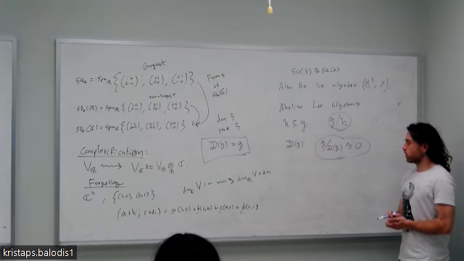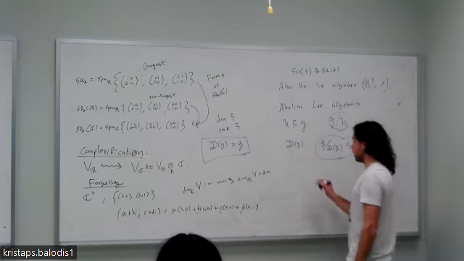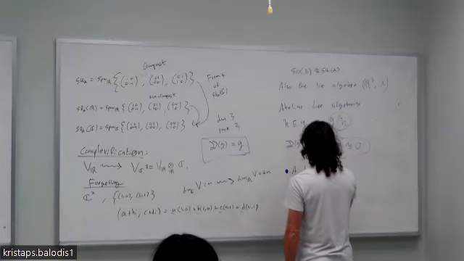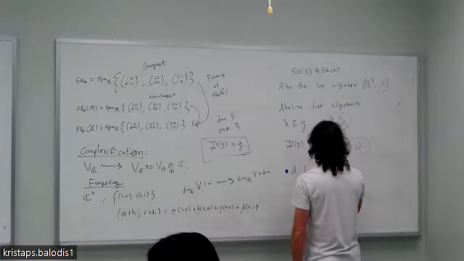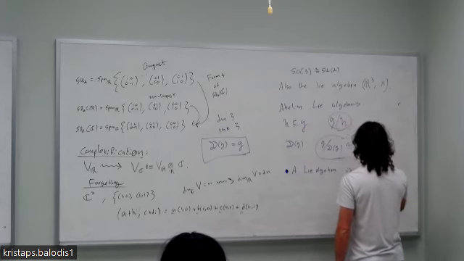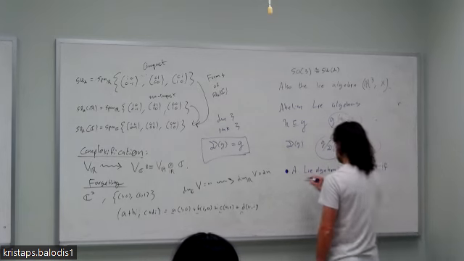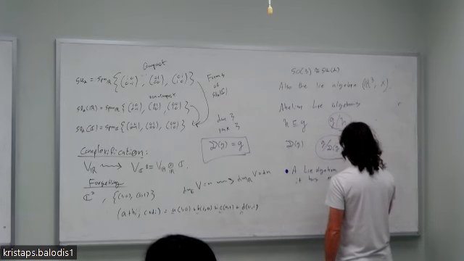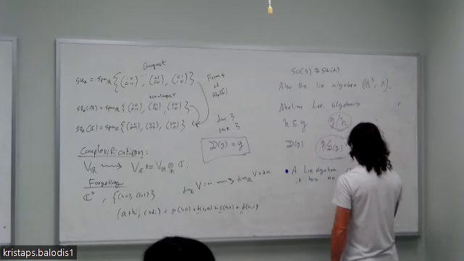And this leads to two ideas. So one, a Lie algebra is simple if it has no non-trivial ideals.